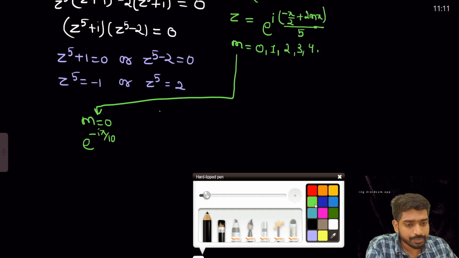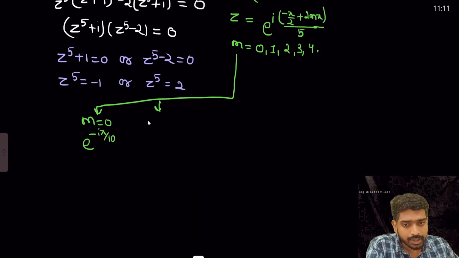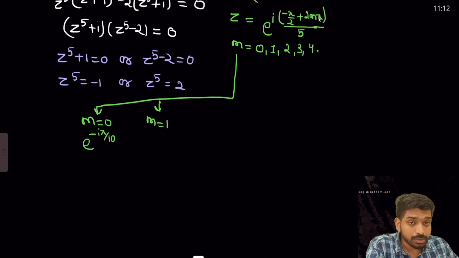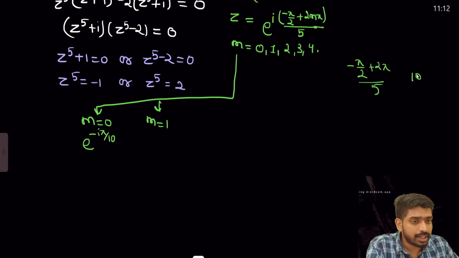Now, when I keep m as 1, I'll get minus pi by 2 plus 2 pi. If I take the LCM, by 5, I'll get 10 down, and here 4 pi minus pi, so we'll get 3 pi by 10.